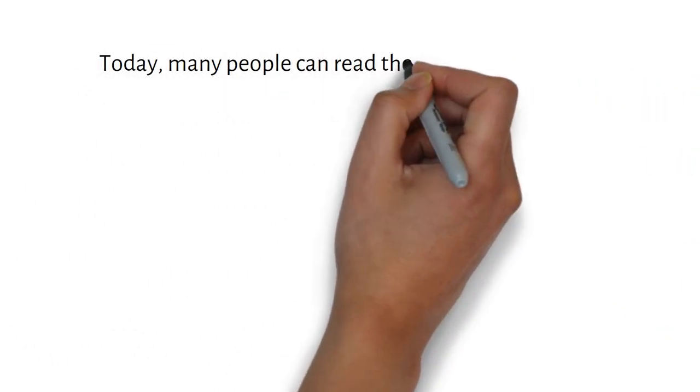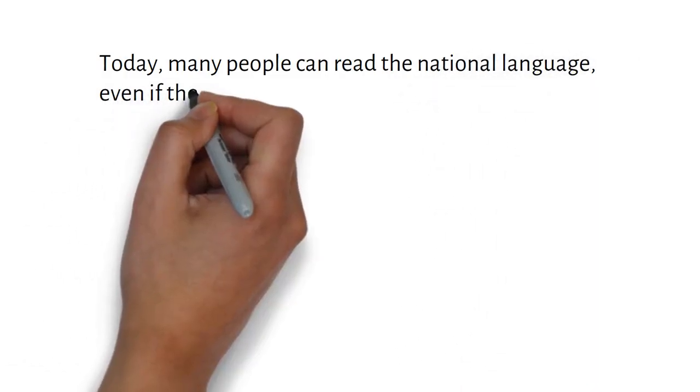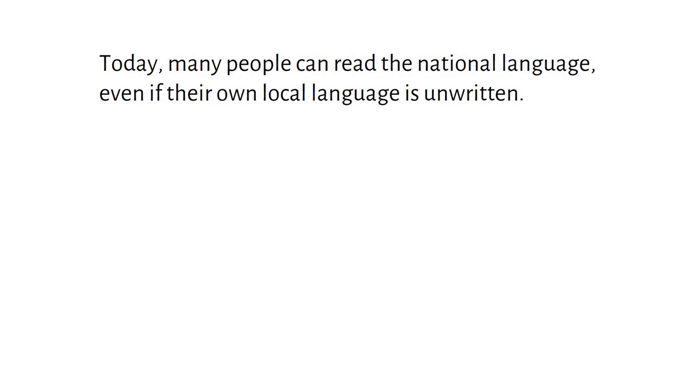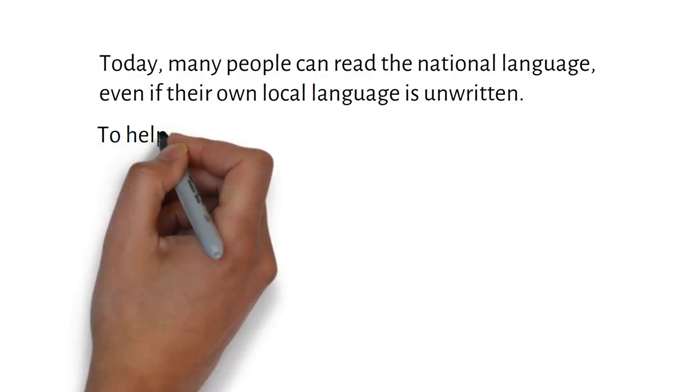Today, many local language speakers already know how to read the national language, even if their own language has not been written. How does this affect orthography decisions? It's important.